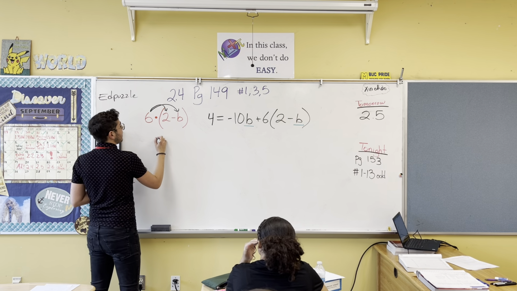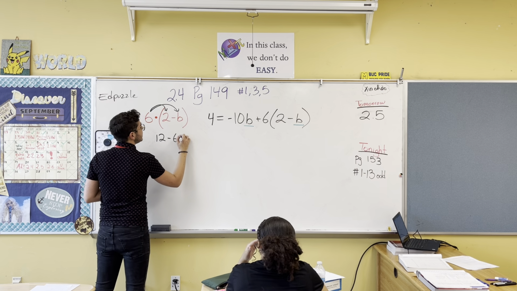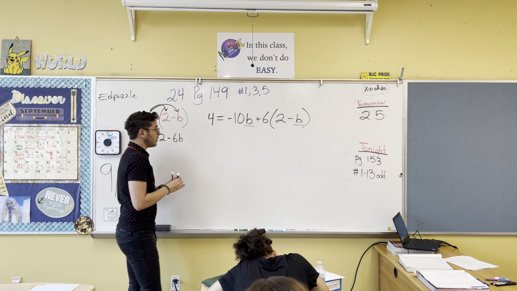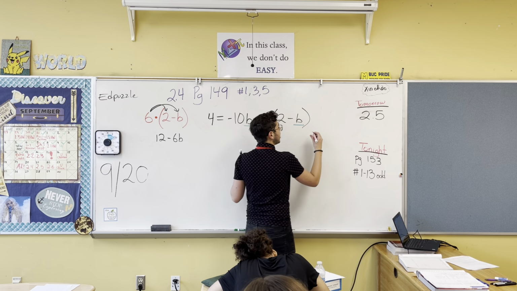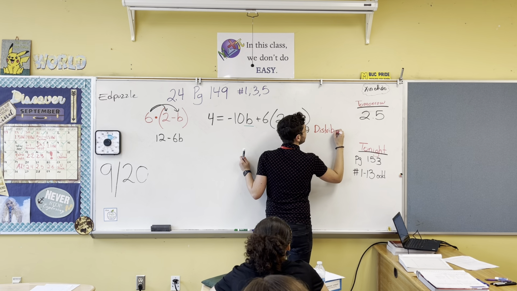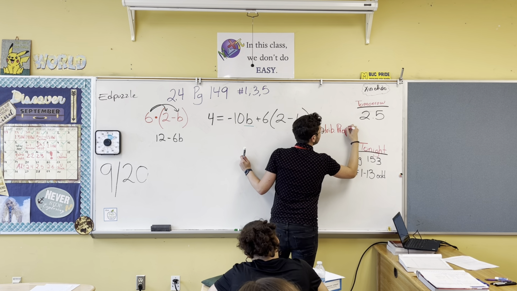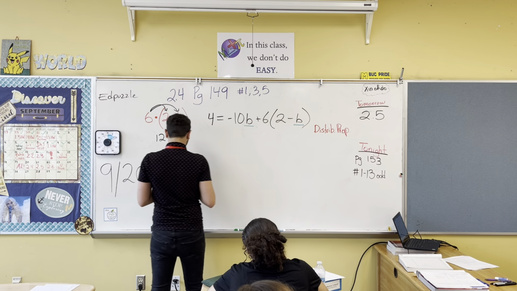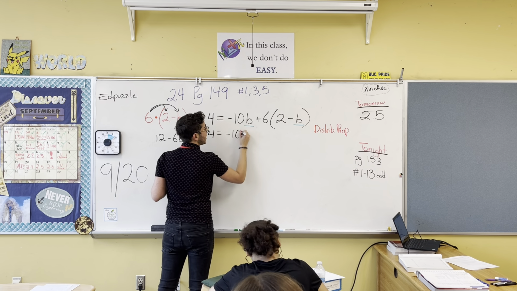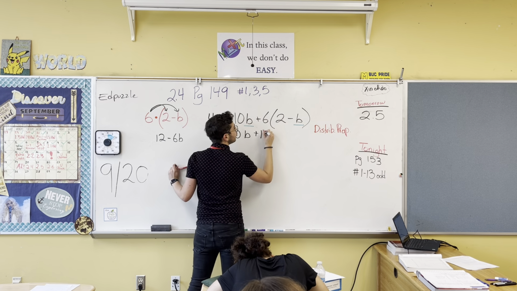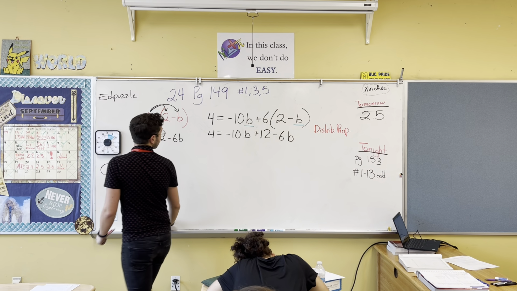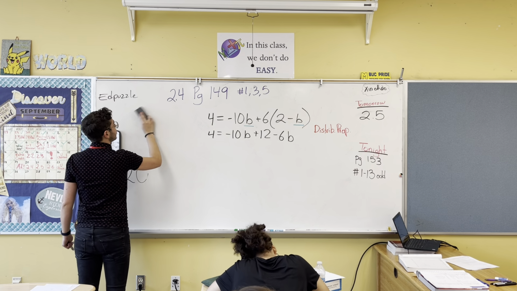So we end up having 12 minus 6b. So we're going to use the distributive property to end up with 4 equals negative 10b plus 12 minus 6b. That is what happens when we distribute.